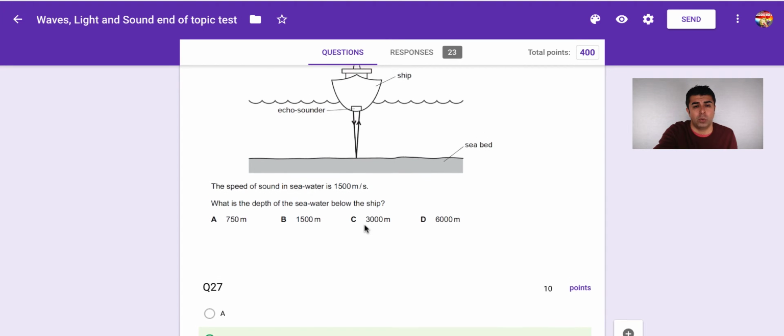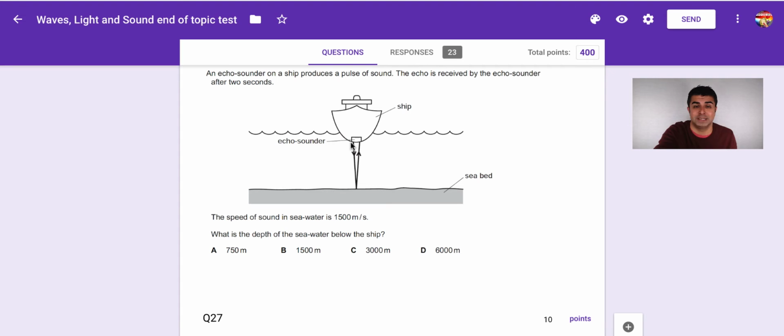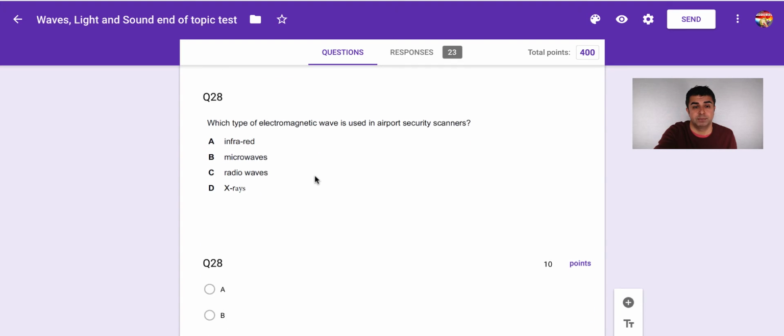Now, why is this? Well, basically, distance equals speed times time. So 1500 times 2 is 3000. But that's going there and coming back. And all they want to know is the actual depth. So you divide by 2 to get B, which is 1500.